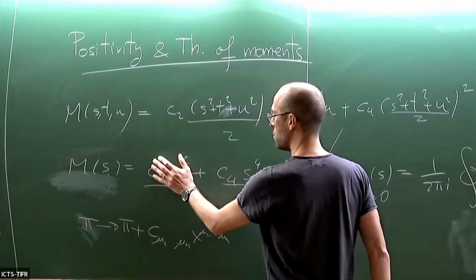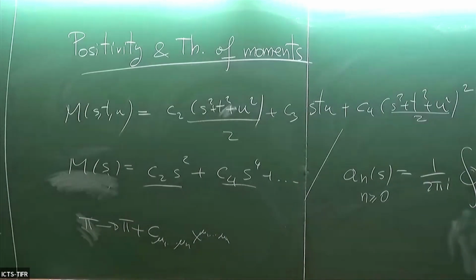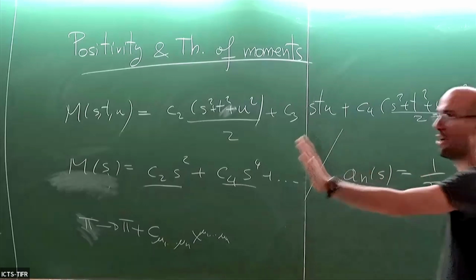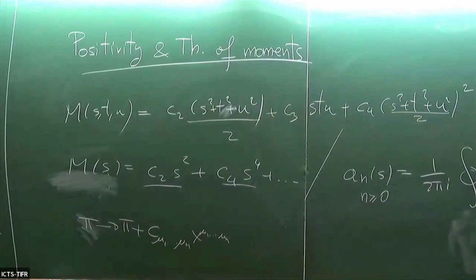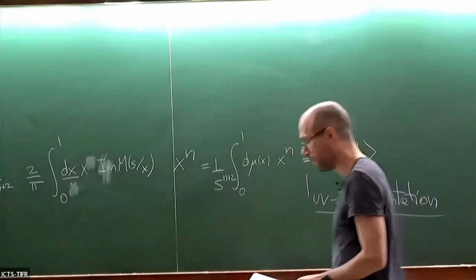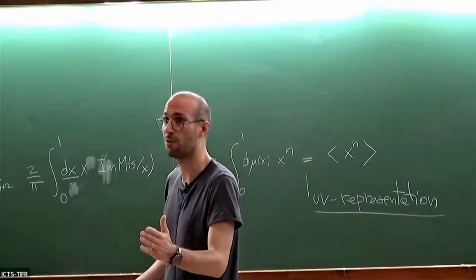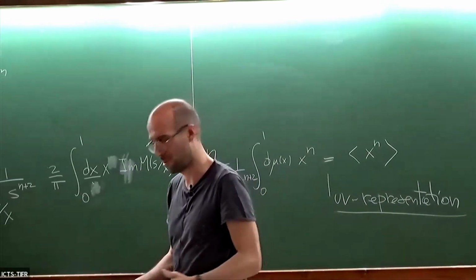Is that possible? No, it's never possible. Starting from s squared, all terms have to give a smaller contribution to the amplitude. You cannot have one which is accidentally larger. Of course, below s squared it's possible. You can have a large, for example, quartic.